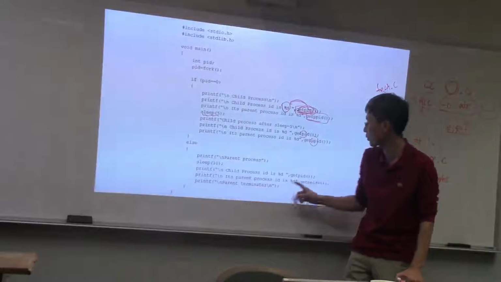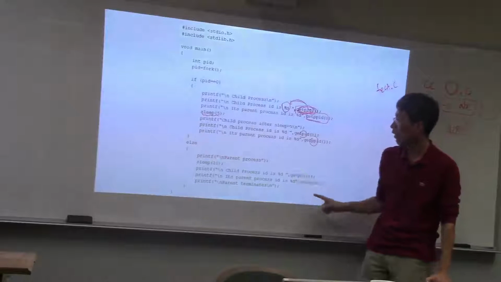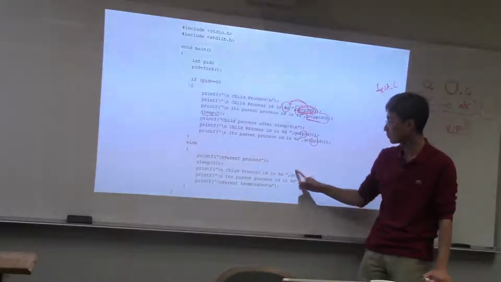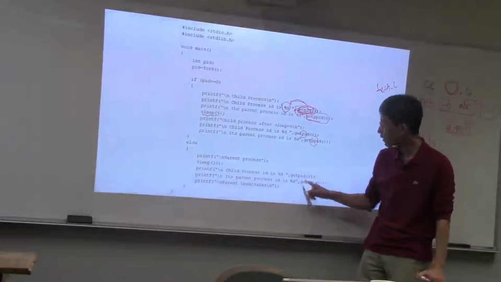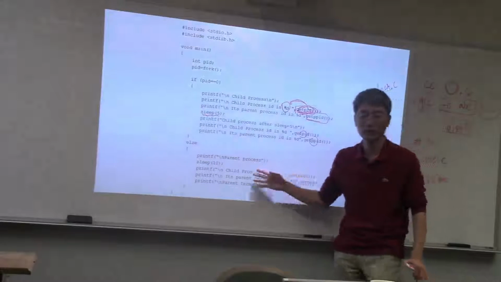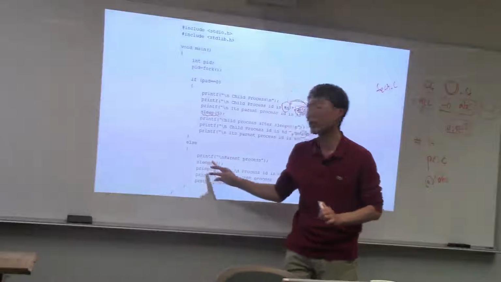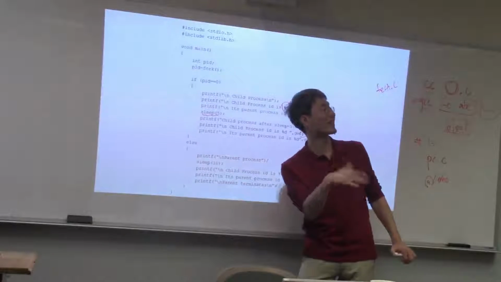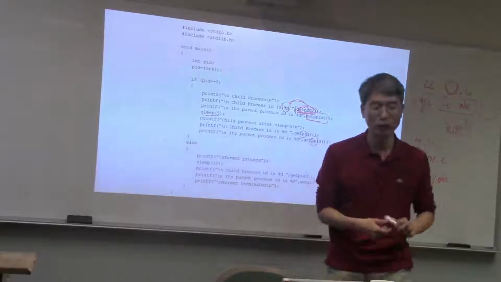So it's a parent process. We will see the parent process ID and that it is a parent. Because of the sleep, this part will be executed 5 seconds later. Right? That's what we want.